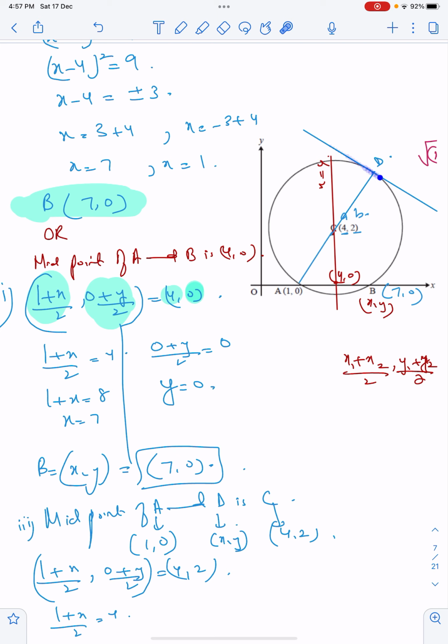That way I will get the gradient of the tangent, because for two perpendicular lines, the gradients are negative reciprocals of each other. And I'm going to use the point D to get the equation.